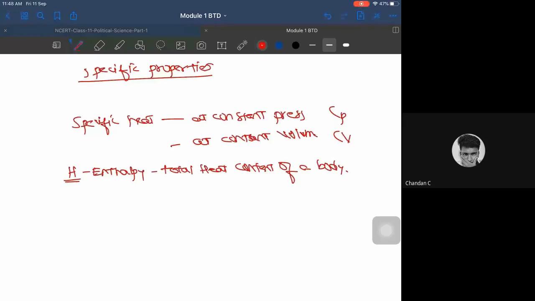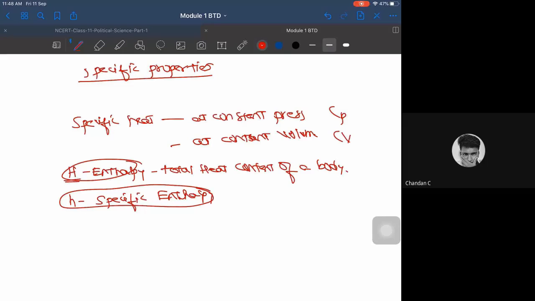Now, capital H is enthalpy, and small h is specific enthalpy. So what is the difference between the capital H and small h? I can convert enthalpy into a specific enthalpy just by dividing by mass. I mean to say, small h is equal to capital H divided by m.